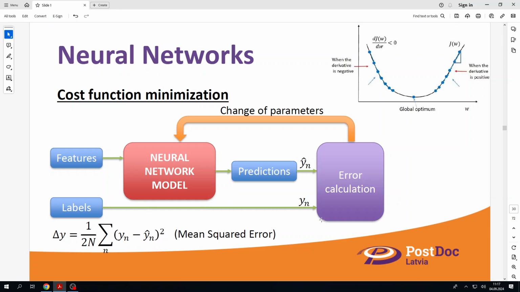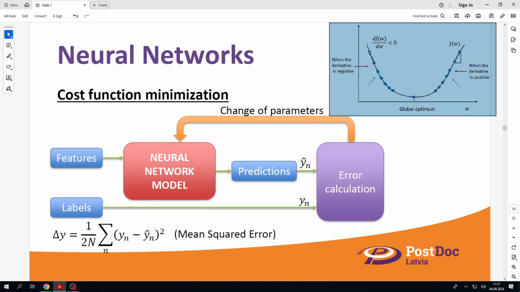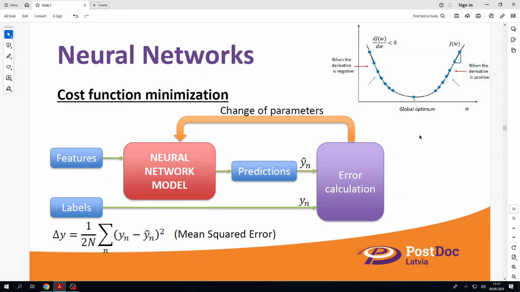At the top of this picture, you can see how this error changes. This is some starting point where we start off, and with each next step, your error decreases, decreases, decreases, until you hit this minimum, which might take a long time, and maybe you will decide to stop earlier than that, but it's still achievable.